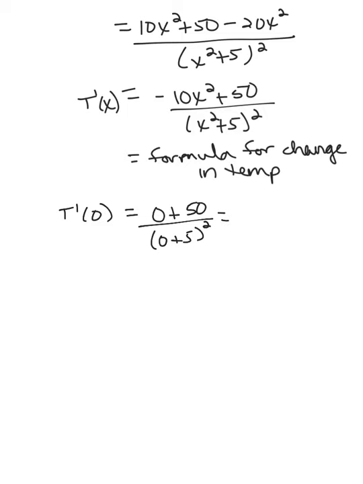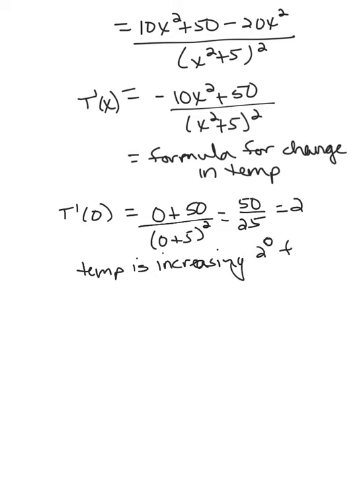So we will get 50 over 5 squared, which is 25, which is 2. Because our answer is positive, we know that the temperature is increasing 2 degrees from our 0 to our 1.